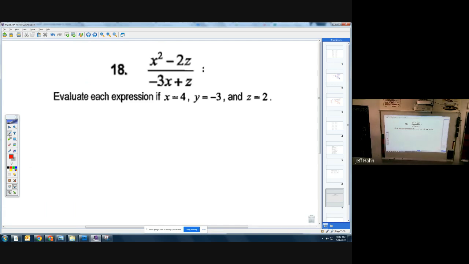This is why calculators are not. 19, everybody's got it? Colton, which one? 20. You didn't get 20? Colton, you want me to do 20?